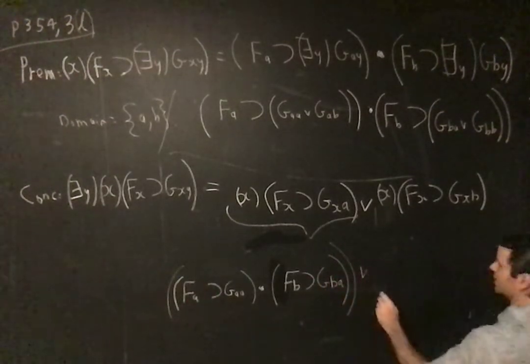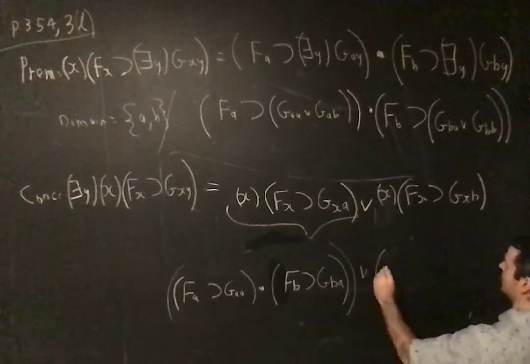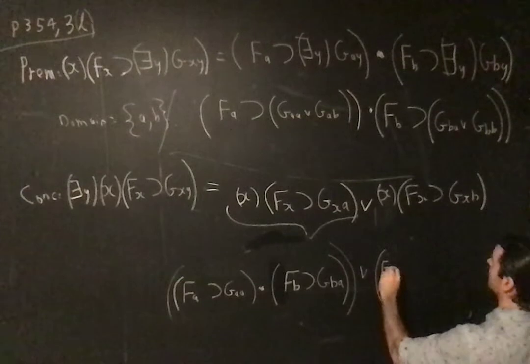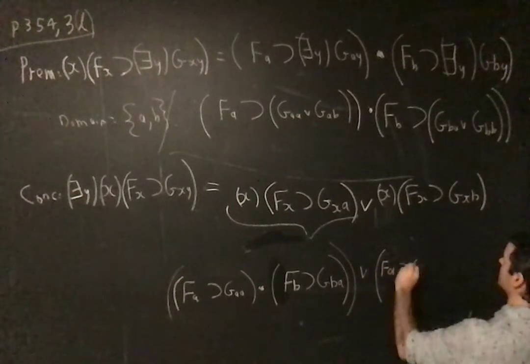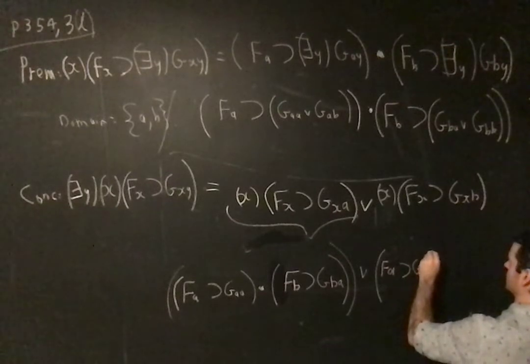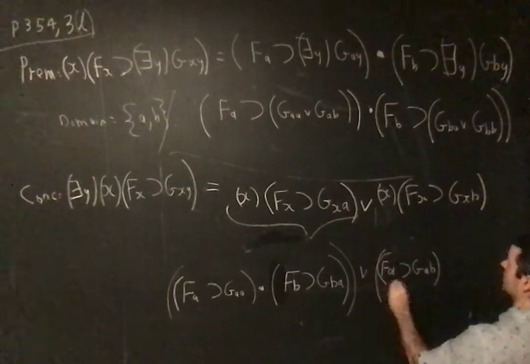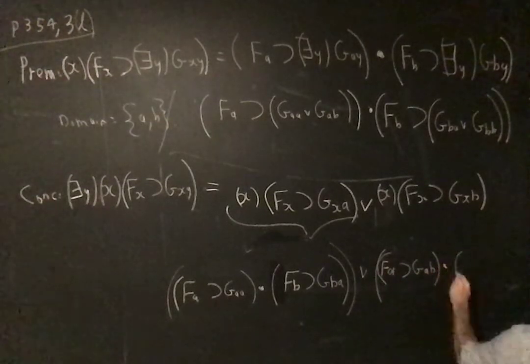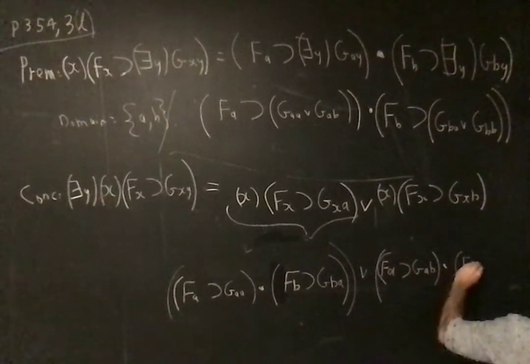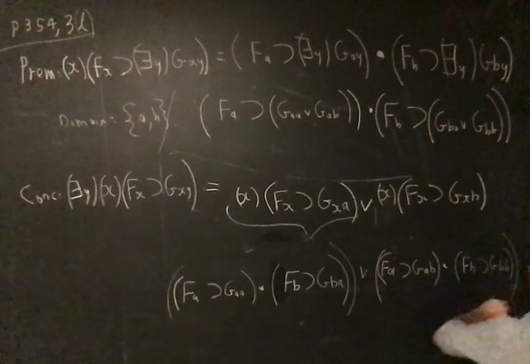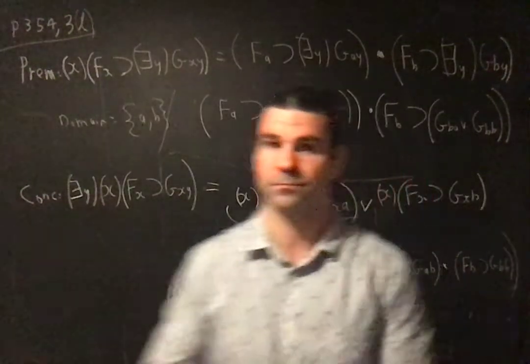or, okay, I'm going to get another conjunction. F-A hook G-A-B and, or this and F-B hook G-B-B. See it all?